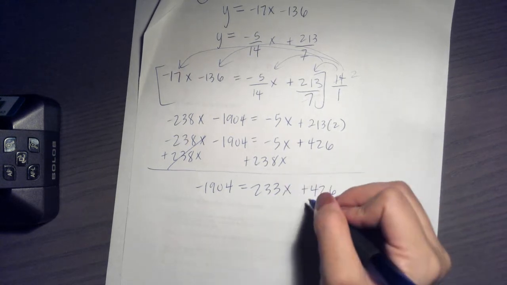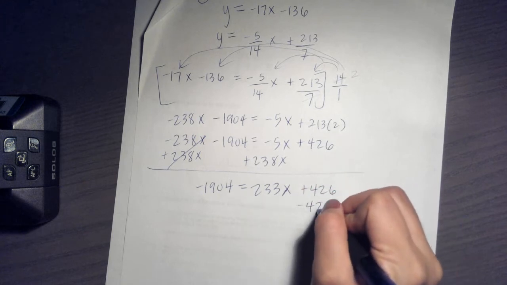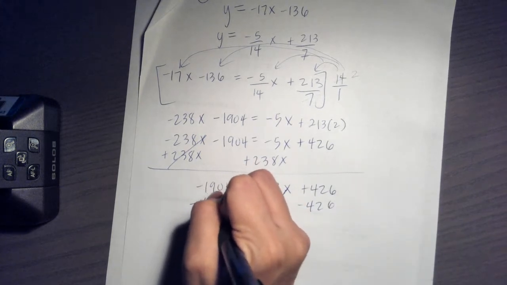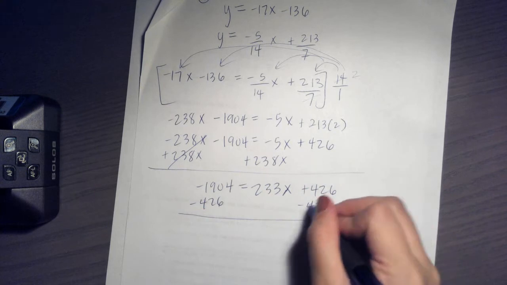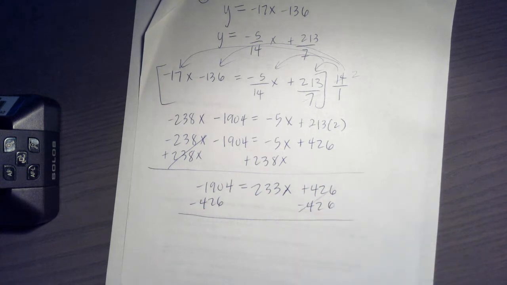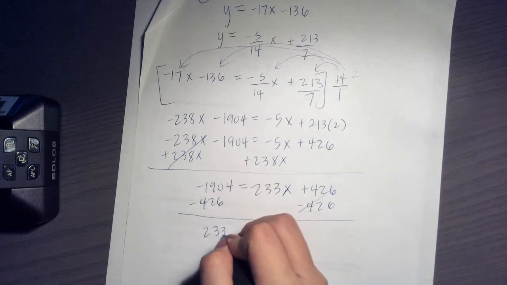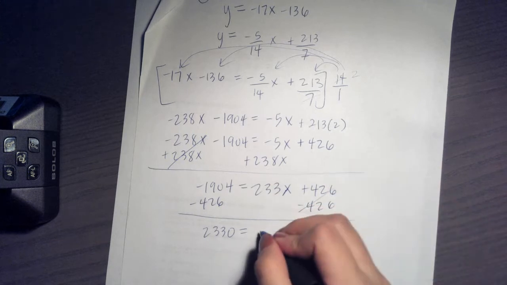And now what I'm going to do is subtract 426 on both sides. You have a negative and a negative, so the negative stays and you add them. So 1904 plus 426 gives you 2330. These are really big numbers.